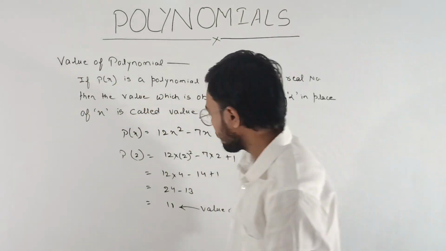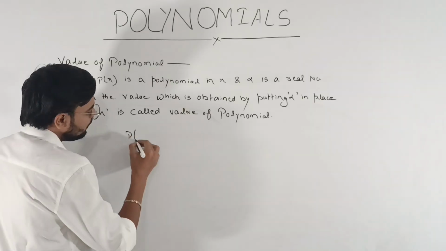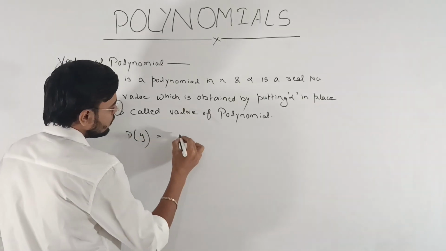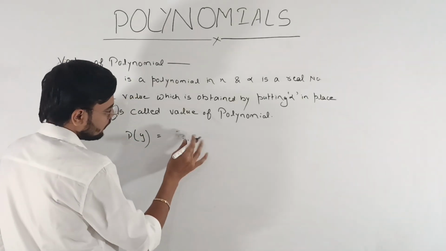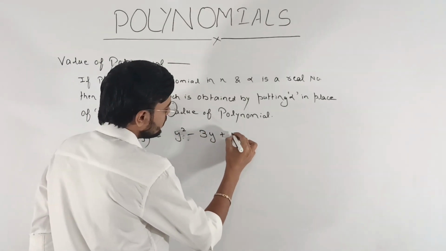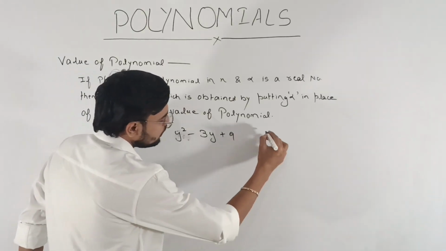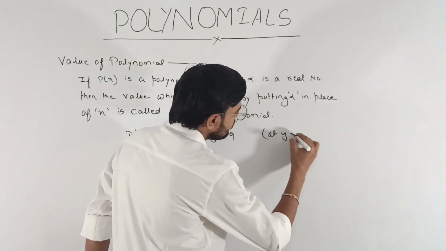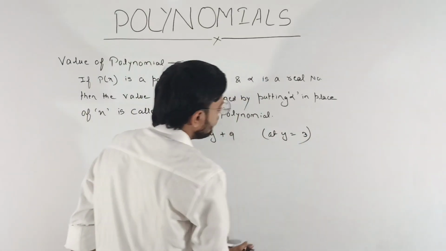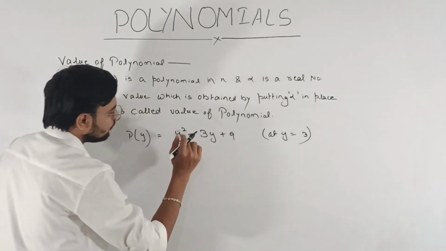Let's take one more example. Okay. Now suppose you have the polynomial p(y) = y square minus 3y plus 9. Okay, now this is your polynomial. At y = 3, find the value of this polynomial. At y = 3, which means you have to put 3 in place of y.